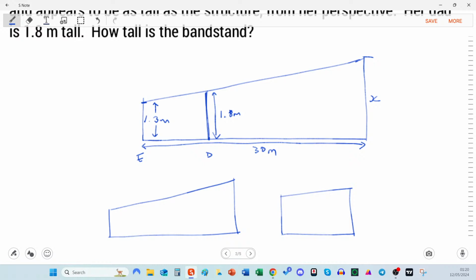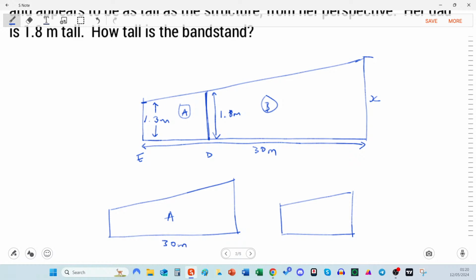Something like that, right? So, no, I'm going to elongate. Yeah, that's about right. Okay, so these are the two shapes. If we call that A and we call that B, A is the overall big one, and that has 30 on the bottom.